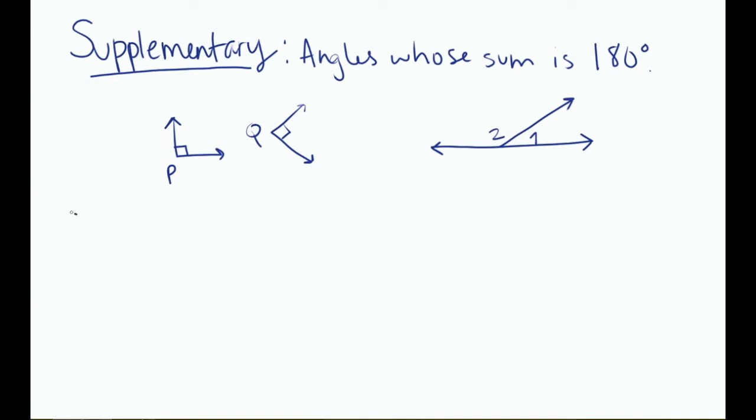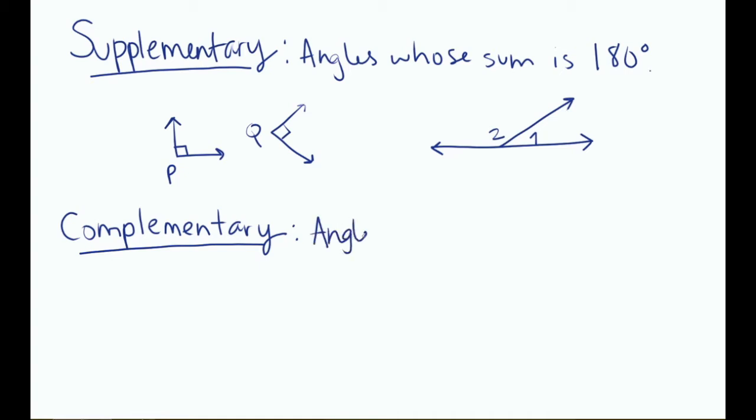We can also have angles that are complementary, and this is complementary, not complimentary, meaning these angles are not going to tell each other that they look nice today. So these angles are going to be ones that add up to 90 degrees. So this is angles whose sum is 90 degrees.